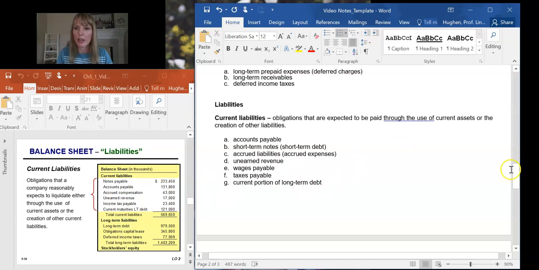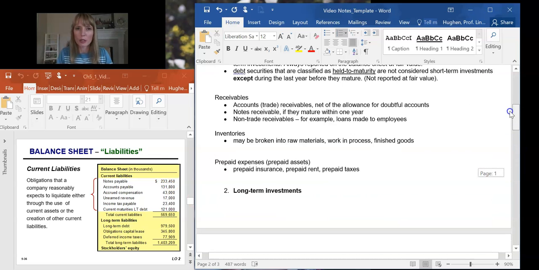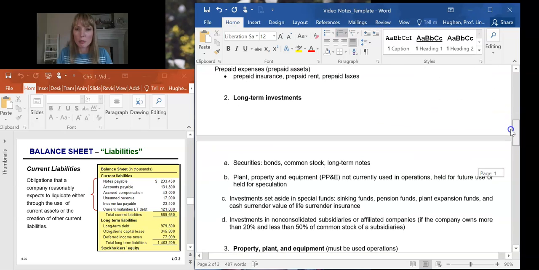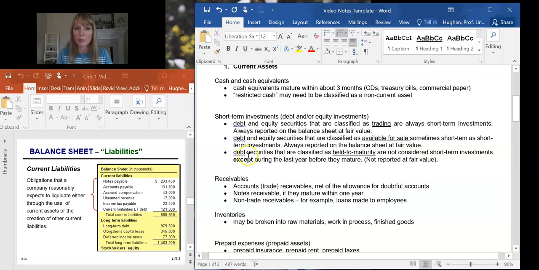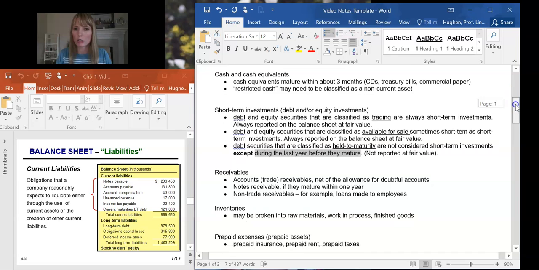Remember we talked about that with the investments. We said that the short-term investments are when we're invested in another company's bonds or another company's debt, in that last year before they're going to mature, we're going to shift the classification out of long-term and into short-term.